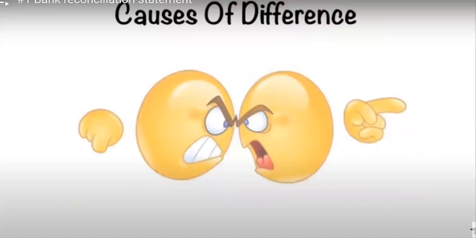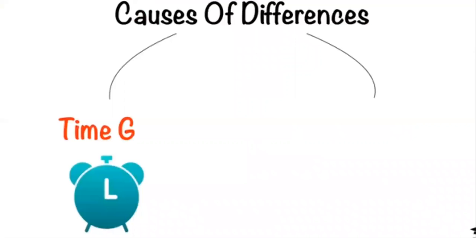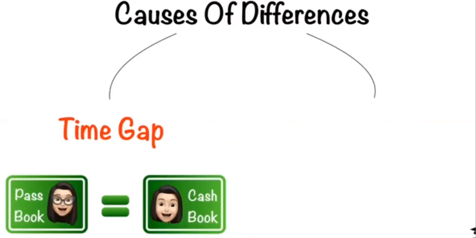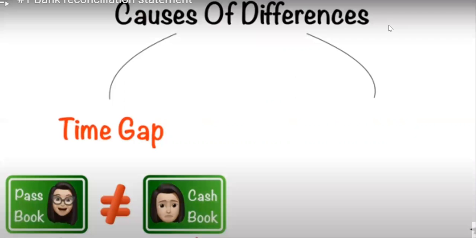The reasons for the difference are of two types. One is time gap, another one is error in recording. Time gap: what is the difference between cash book and passbook? For example, we have entered in the cash book but it is not updated in the passbook. This is time gap, the time difference between cash book and passbook.